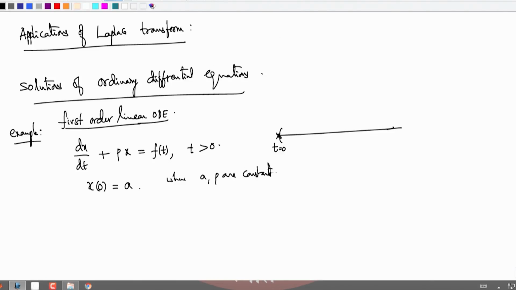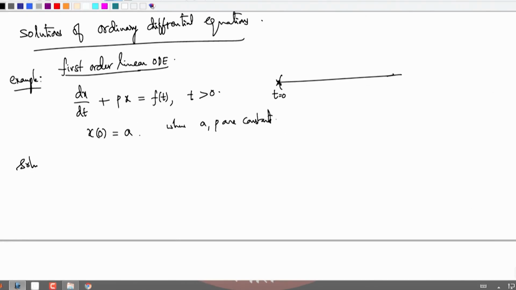Let us see how we solve this. Let me apply the Laplace transform to the equation.